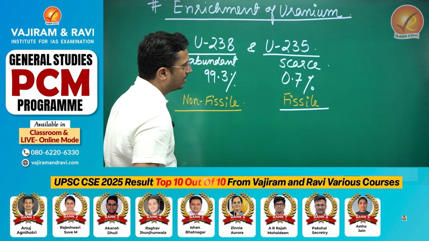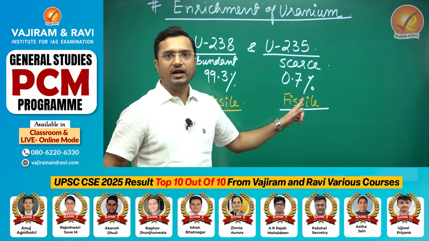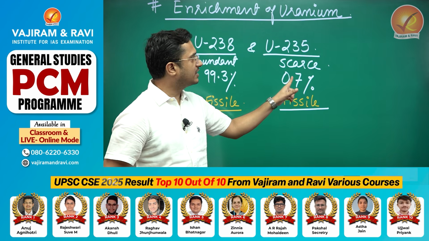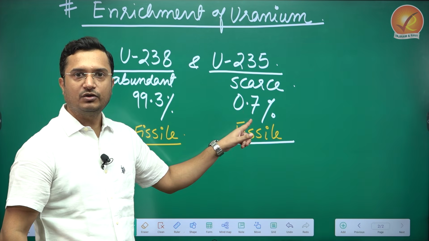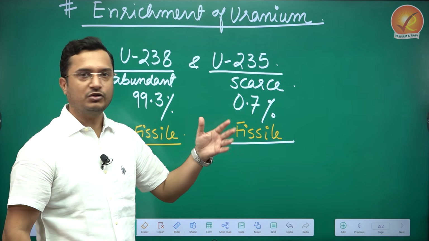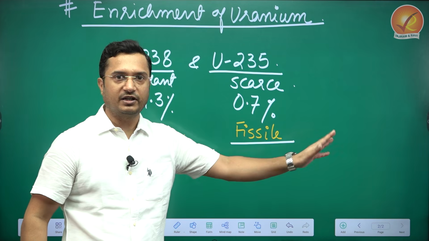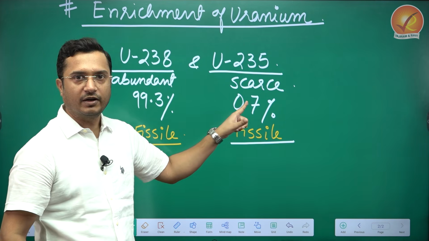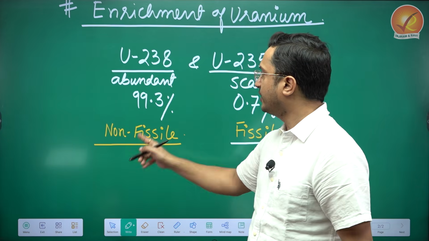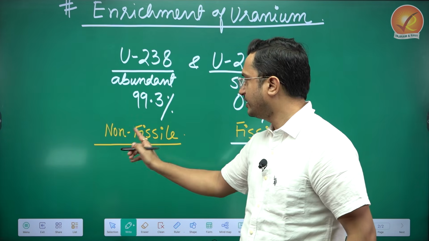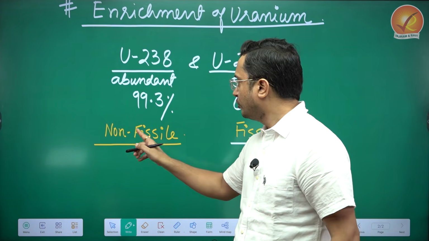Fissile means that when you hit the isotope with a neutron, it splits into two smaller atoms along with the release of energy and more neutrons, and a self-sustained chain reaction gets started. This happens with uranium-235. Uranium-238 does not undergo fission, which means it cannot be used as a fuel.